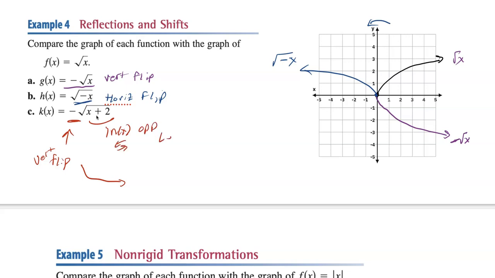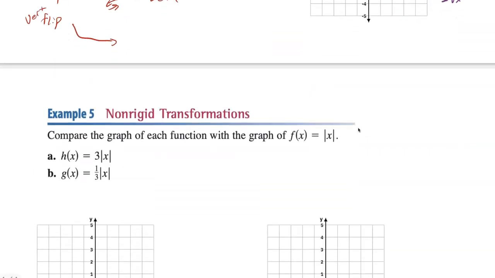So we're going to go left 2, then it's open down. We're going to get our normal graph here. That's our normal one. We're going to move left 2, right here. And then it's open down because there's a negative. The first thing you're supposed to do is flip. So technically you flip it down like this first and then you move it. So it looks kind of like this. That's how those work.